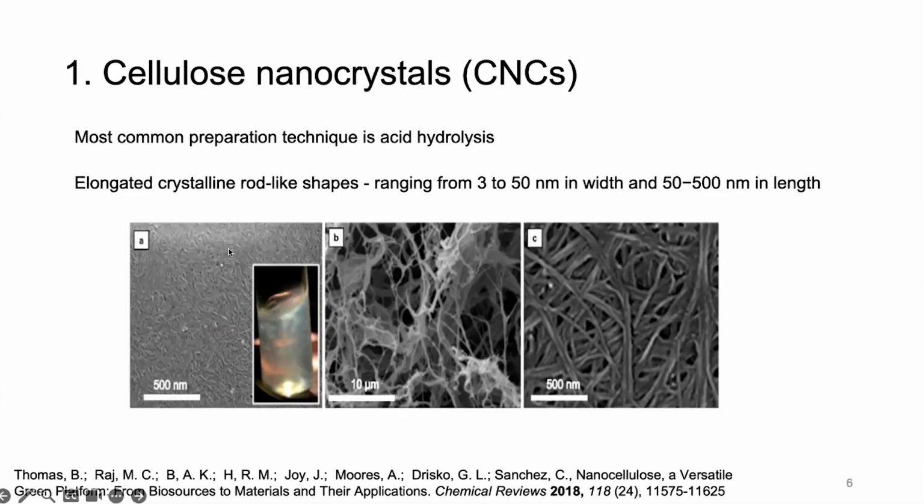Let's talk a little bit about cellulose nanocrystals. I put this picture again so it's easy to follow. The most common way to prepare cellulose nanocrystals is acid hydrolysis. They are rod-shaped crystals, usually with a width of 3 to 50 nanometers and a length of 50 to 500 nanometers.